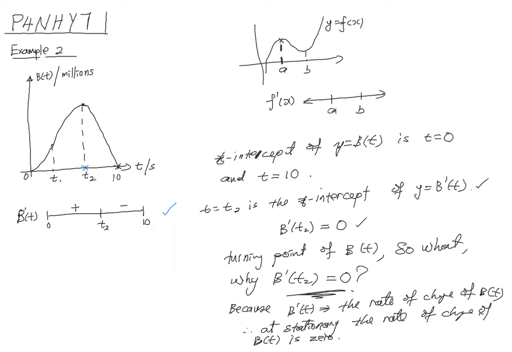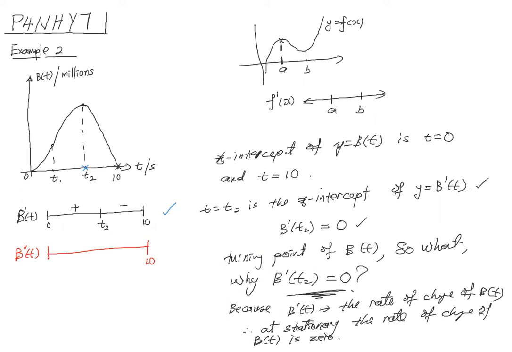So how am I going to know the shape of my B prime t? I will draw a B double prime t sign diagram, based on the B(t) graph.